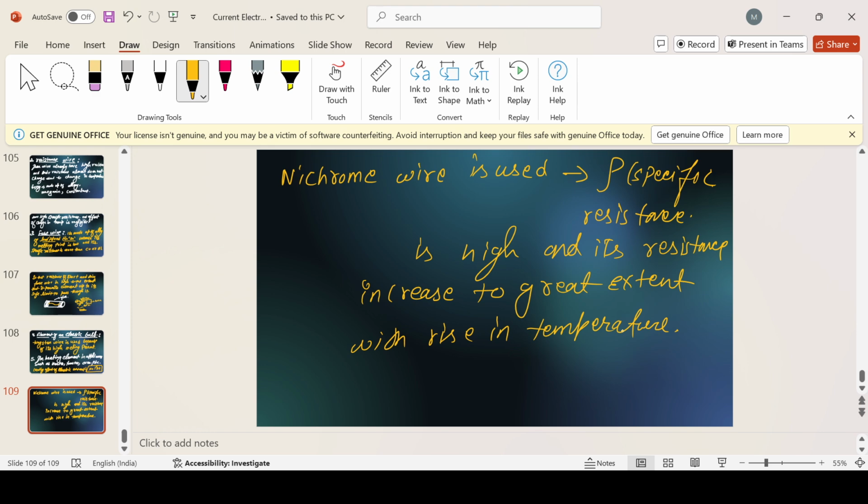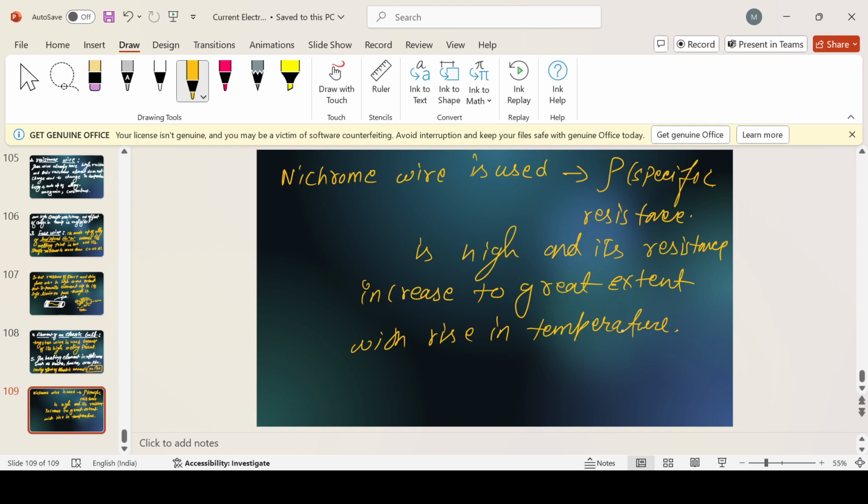So you must have seen when you just turn on the heater or something, at the starting its temperature is a little bit low, and with time it starts to give more heat, yes or no? It will not keep on increasing, it just increases to some extent. Why does this happen? In the starting, when the current starts to flow through the nichrome wire, it will resist the flow of electrons and start to heat up, red hot glow.